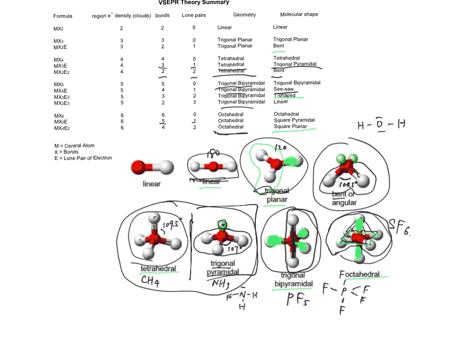So we can actually look at the VSEPR series summary here, and we can say, if it's MX2, two bonds, and let's make it clear, these need to be two equivalent bonds. If you have carbon in the middle, and one end you've got chlorine, the other end you've got fluorine, of course they won't cancel each other. The bond dipoles would be different.